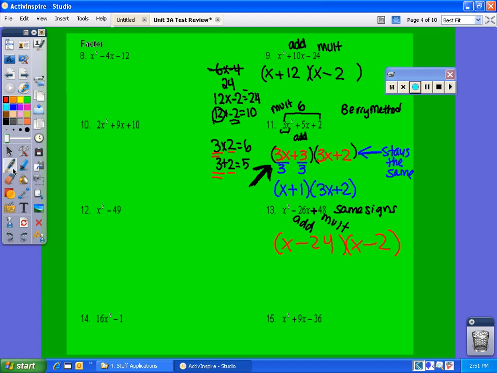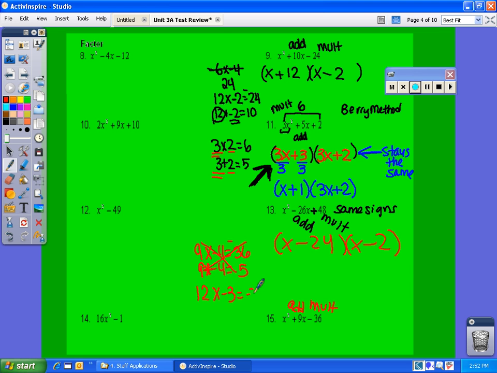Alright, last example: multiplies to be negative 36, adds to 9. So most of you know that 9 times 4 is 36. So if I did 9 times negative 4, I do get negative 36, but 9 plus negative 4 is 5, so that doesn't work. The other factor of 36 that you might have forgotten is 12 times 3.